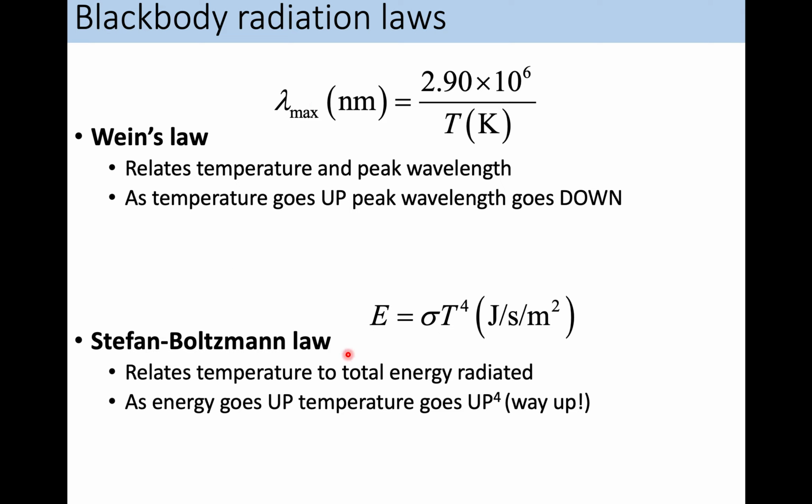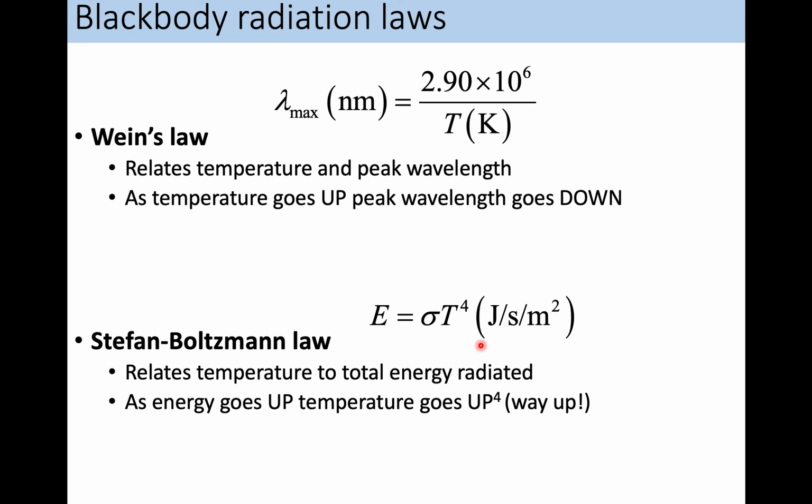The Stefan-Boltzmann law relates the temperature to the total energy that's radiated. As the temperature goes up, the energy goes up. The energy actually goes up with the temperature to the power of 4, so as the temperature increases, the energy goes way, way, way up. These are some common laws, common understanding that we have about these blackbodies, about really anything emitting EM radiation in space.